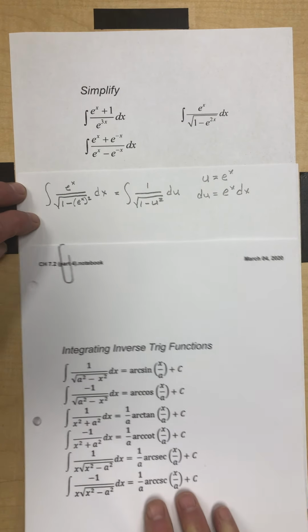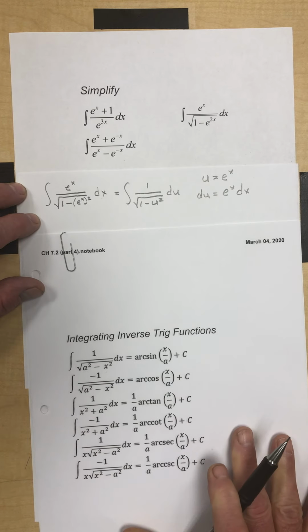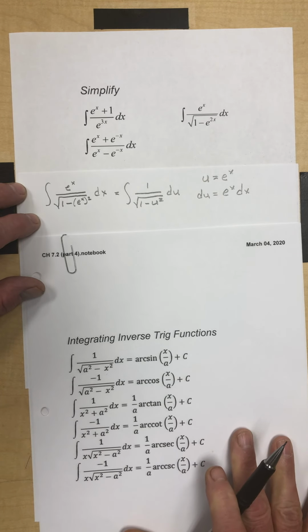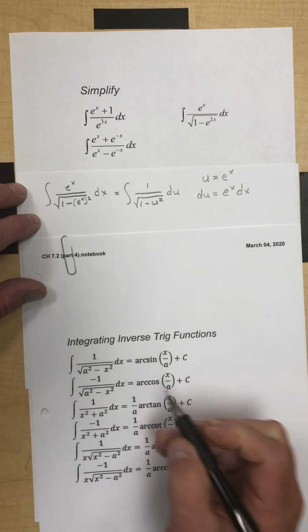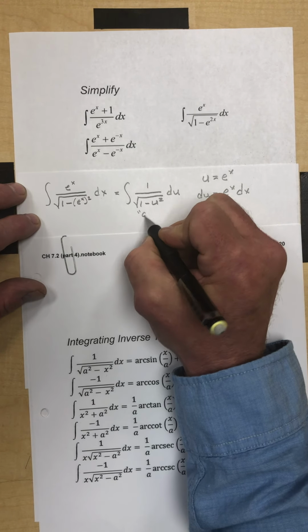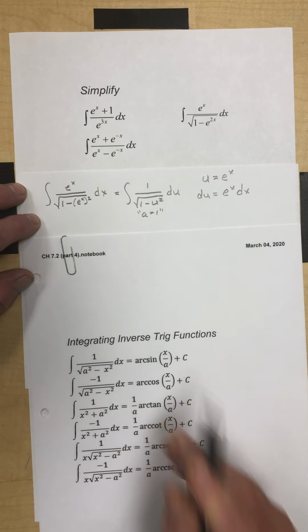Then if we go back here, I'm pretty sure it's that top one, where we have our u and our a equals just 1. So right down here, a equals 1, and we should be able to just apply this.